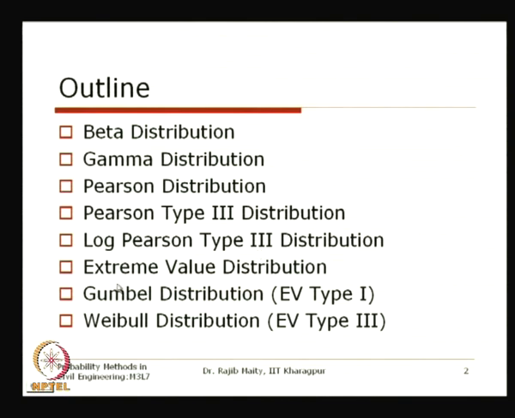After that we will discuss the general extreme value distribution. Again, in this extreme value distribution family there are 3 different types, depending on their parameter properties. Most useful in the context of civil engineering problems is the Gumbel distribution, which is the extreme value type 1, and the extreme value type 3 distribution is known as the reverse Weibull distribution.